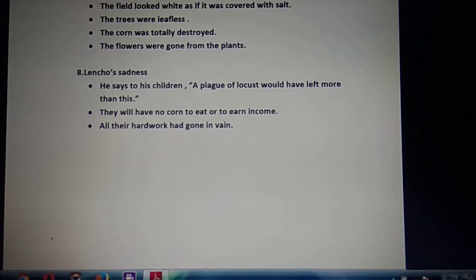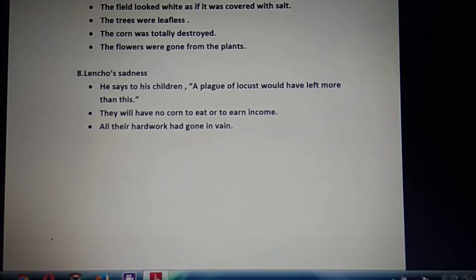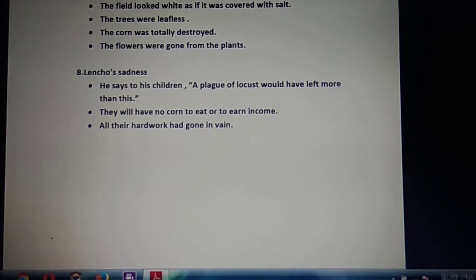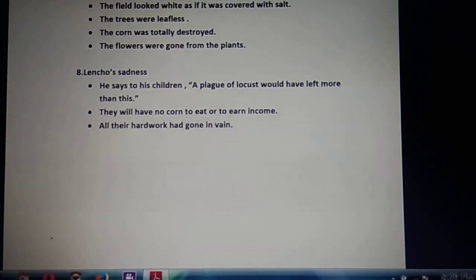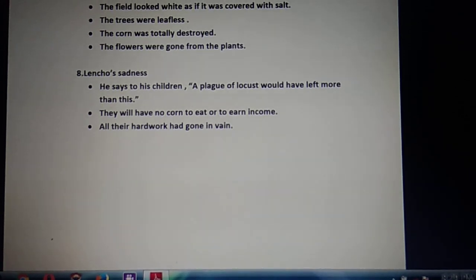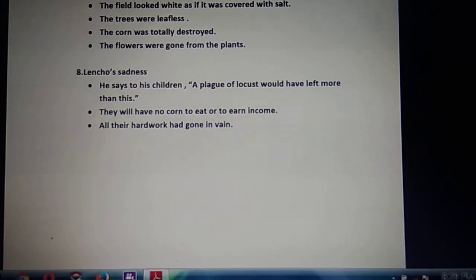They will have no corn to eat or to earn income. So now Lencho did not have any corn to eat for their survival or to earn income, because of which he had been satisfied and very happy in his heart. But now there was no corn for them to eat or to earn income from the corn. All their hard work had gone in vain.